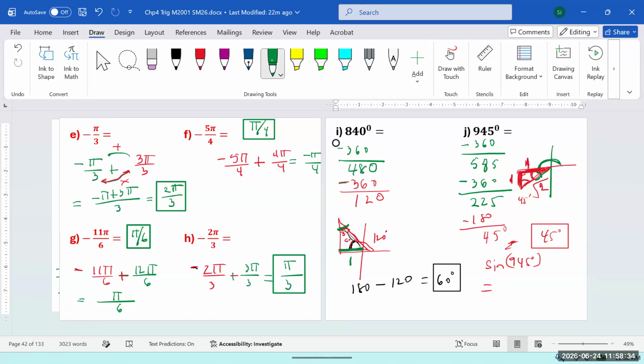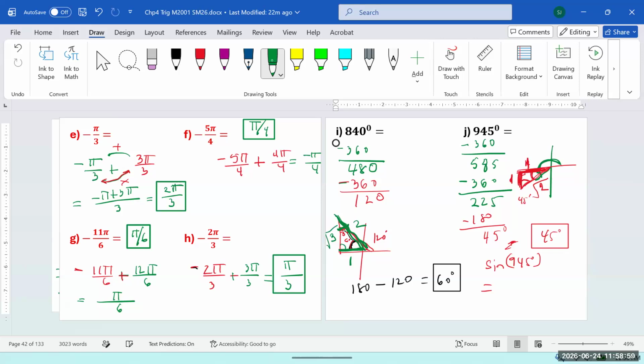Now the largest number is which one? 90. So this is our 90. The opposite of 90 is the hypotenuse. That must be the next number. And now for 60 degree, what do we do? You add 2 plus 1, 3. You always add 2 plus 1, 3.